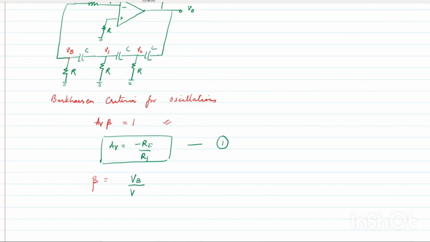VB by V0, right? Because beta is the feedback network's gain. VB is the output of the feedback network and V0 is the input. So VB by V0 is your beta. Now we have to find that beta, then multiply by AV, and equate it to 1.